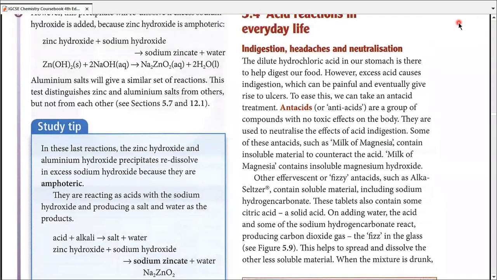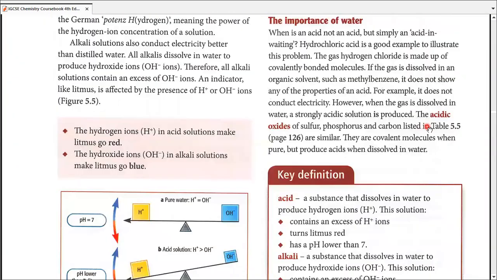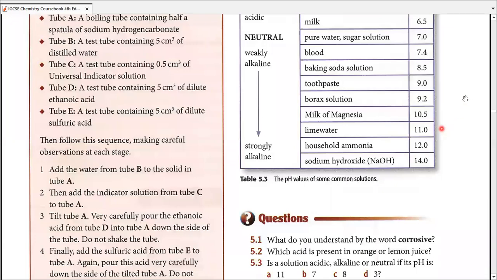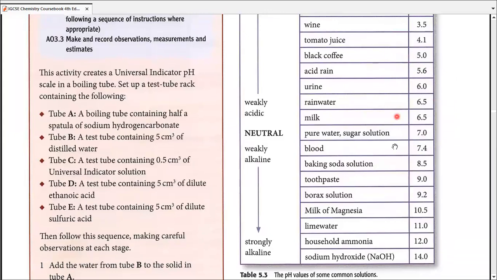Now, in order to get an antacid, I'm going to go back to the big, huge table we had where we had the acidic and the alkaline values for things that we commonly see in our daily life. Take a look. We need something to counter the effects of the problems caused by excessive acid.